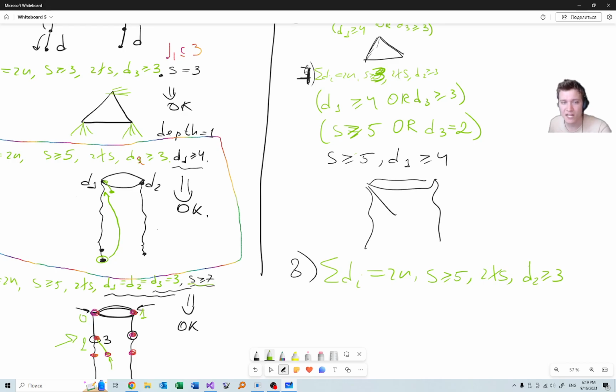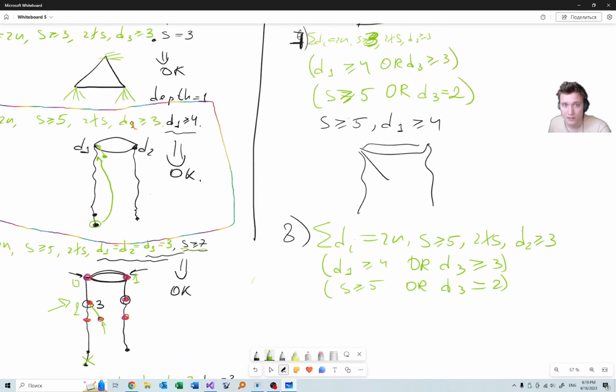And we have 3 conditions, 3 ors. d1 is at least 4, or d3 is at least 3. S at least 5, or d3 is equal to 2. And finally, S equals 3, or d3 is at least 3.